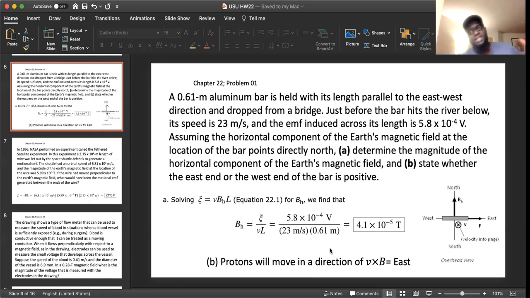That direction is for positive charges. Negative charges are going to go in the opposite direction. So the side of the bar that's positive will be the east side, and the west side will be negative, because that's the side protons will go, the side that coincides with our v cross B.